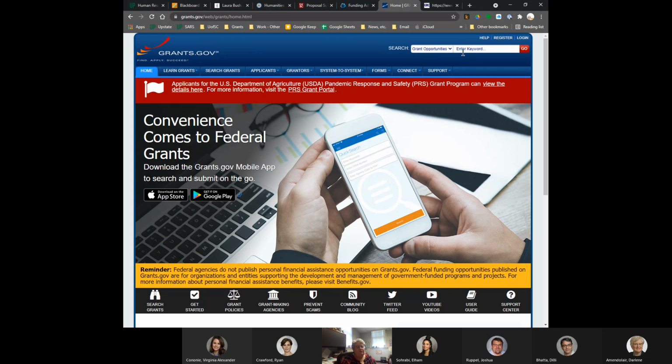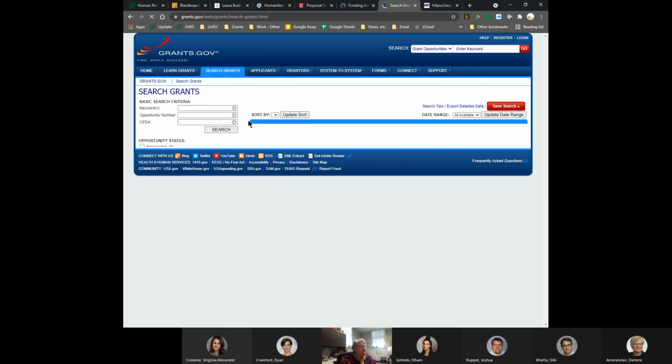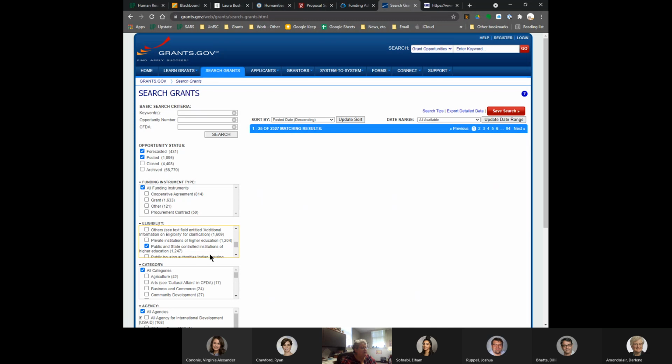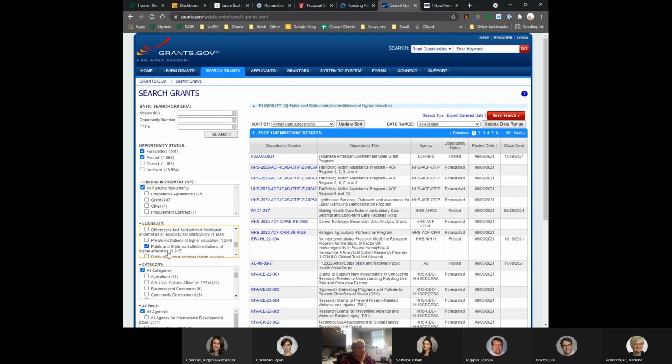So again, you can just type in keywords here. It would basically do the same thing. Or if you go to that more detailed page, you can tell it, I only want to see grants to individuals, or I only want to see public and state controlled institutions of higher education.